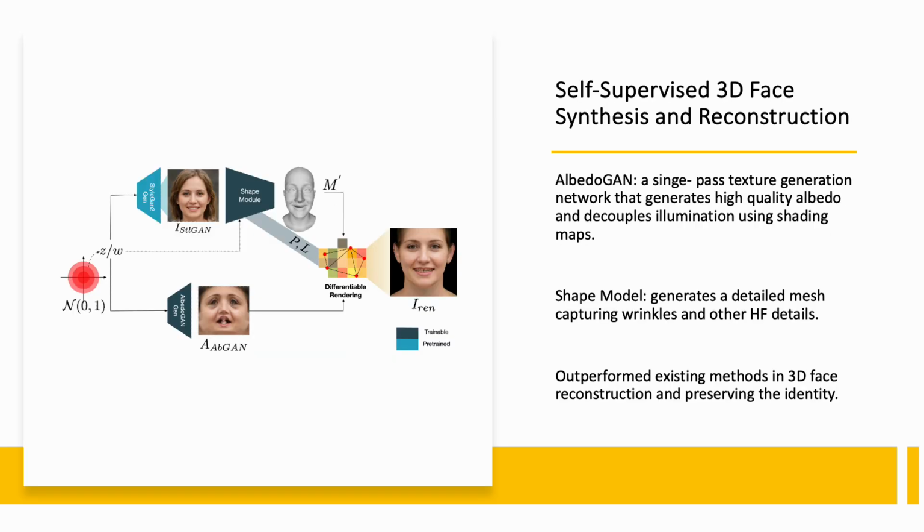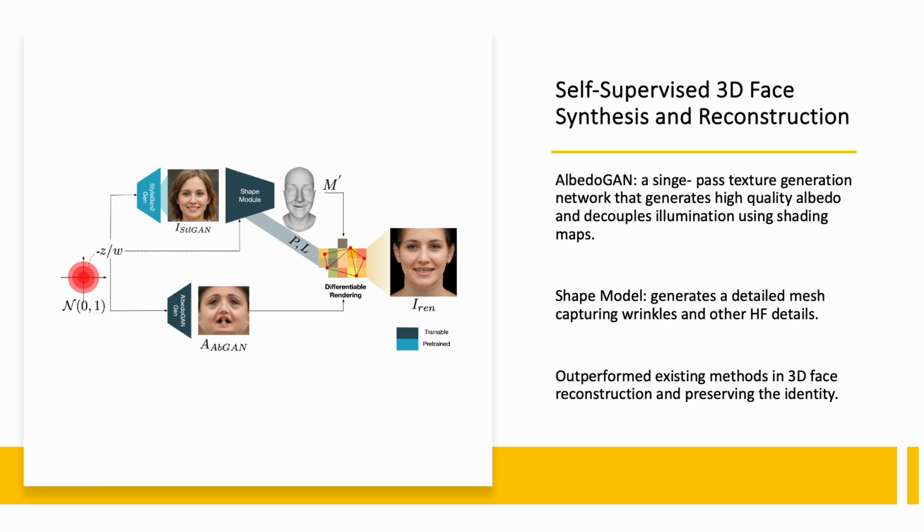Here I present our pipeline, which is self-supervised 3D face synthesis and reconstruction. Given a random noise Z or W of StyleGAN's latent space, we can generate a 2D image from a StyleGAN generator. Now our shape module transfers this 2D image into a detailed mesh, which captures high frequency details, for example wrinkles.